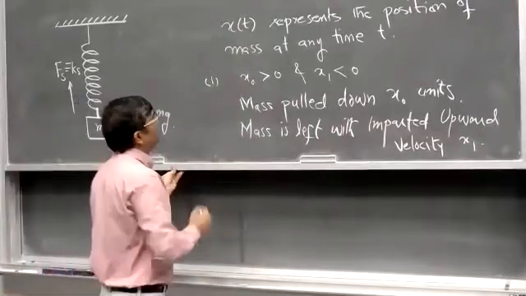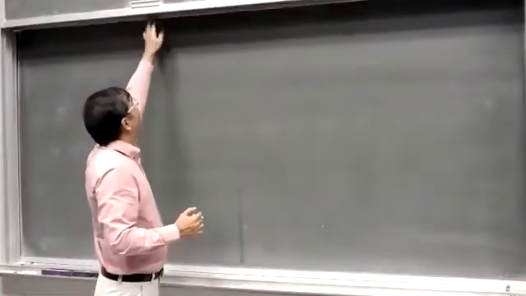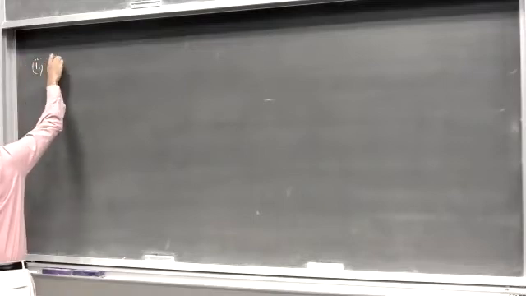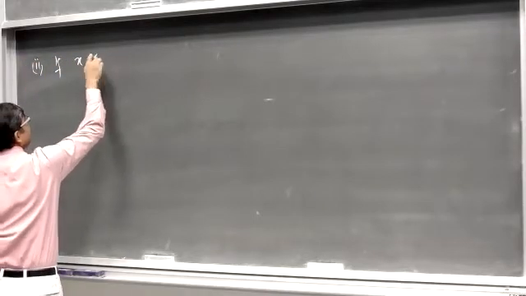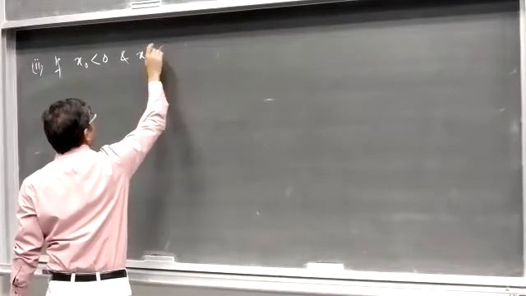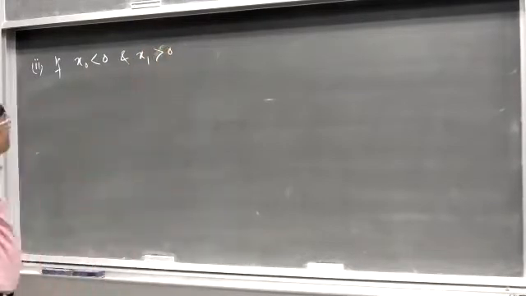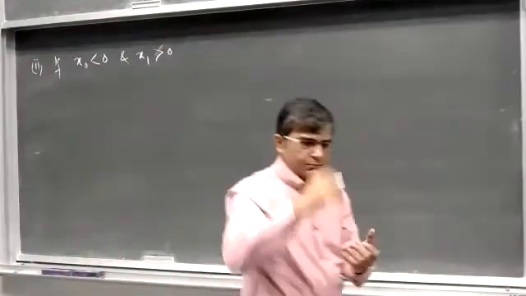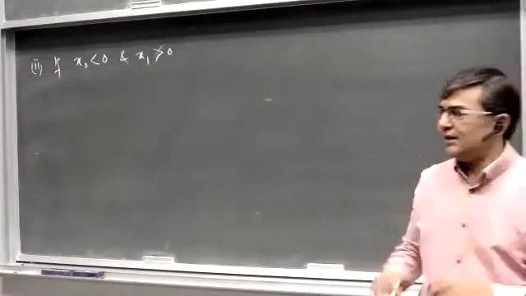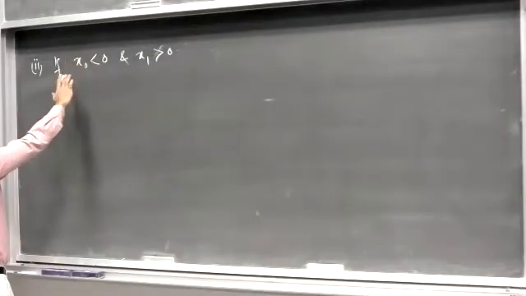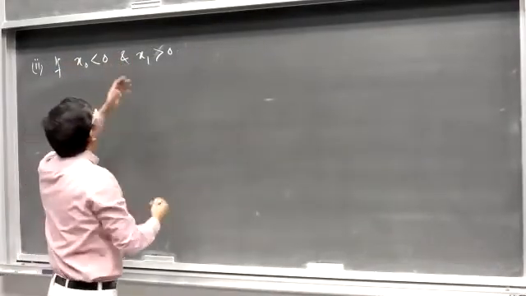Now, case 2: if x0 is less than 0 and x1 is greater than 0, what does this mean? It means that the mass is pulled upward or pressed upward. The spring will be pressed. Then the displacement will be negative from the equilibrium position.